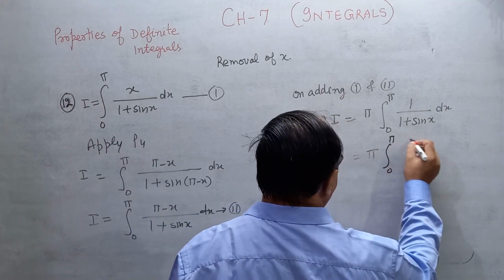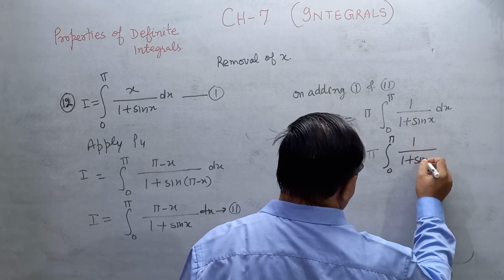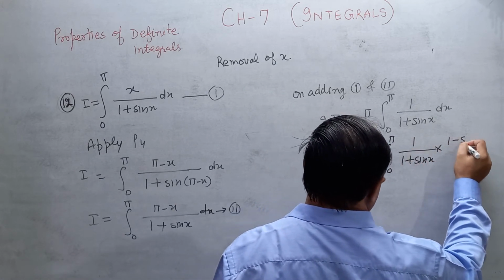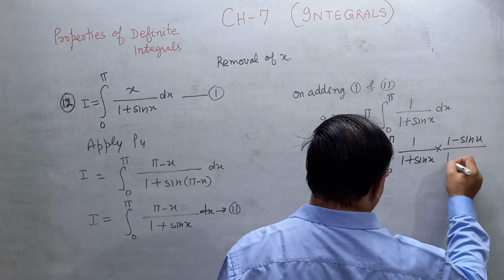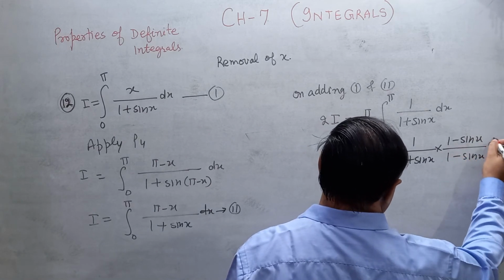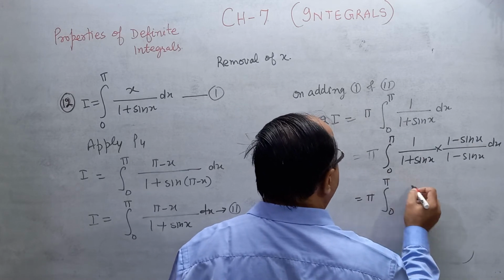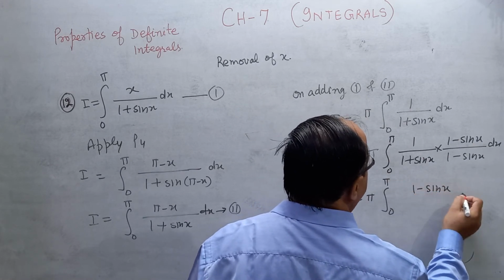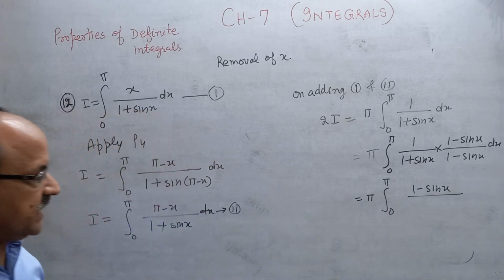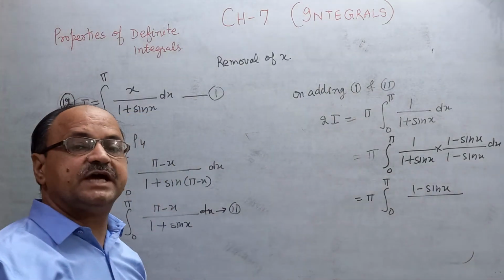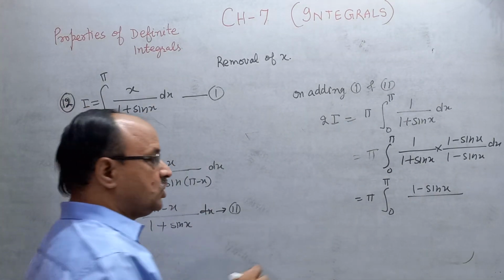Integral from 0 to pi of 1 upon 1 plus sin x, rationalize with 1 minus sin x, that is pi times the integral from 0 to pi of 1 minus sin x upon 1 minus sin x times 1 plus sin x, that is 1 minus sin square x, and 1 minus sin square x is cos square x.